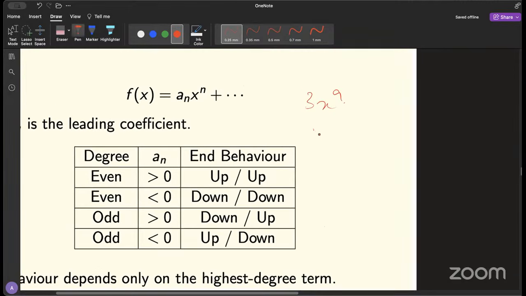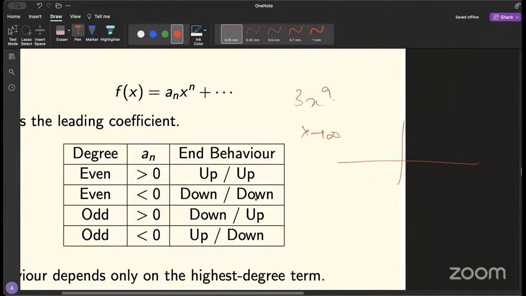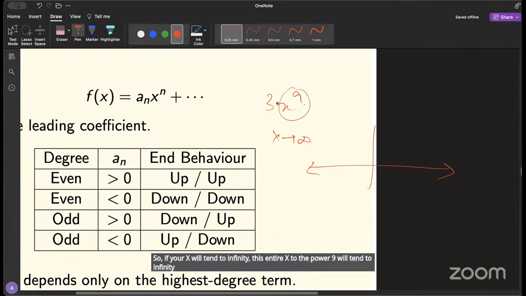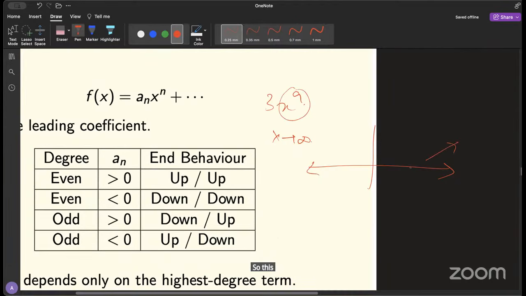Then your end behavior is when x tends to infinity. So if x tends to infinity, this entire x to the power 9 will tend to infinity, and because this is positive, it will go to plus infinity. This end is for x tends to minus infinity.